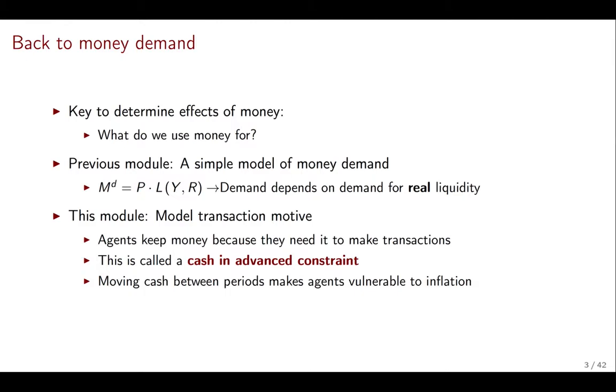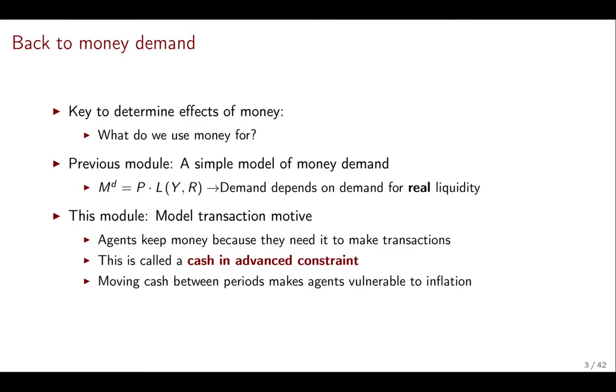Very literally, we're going to impose a new constraint on the behavior of agents that says, if you want to buy something, you need to have cash or liquid assets that are going to let you buy it. Basically, you can think of this as a model where they pay you at the end of the month. And so, unless you have cash that you've saved from the past, you cannot buy anything until you get paid. That's basically the world we're modeling here, and that's going to be the cash in advance constraint.